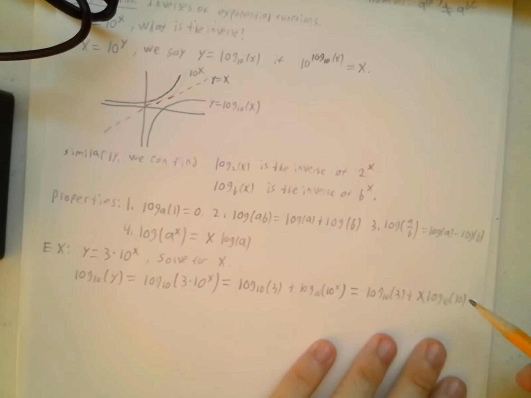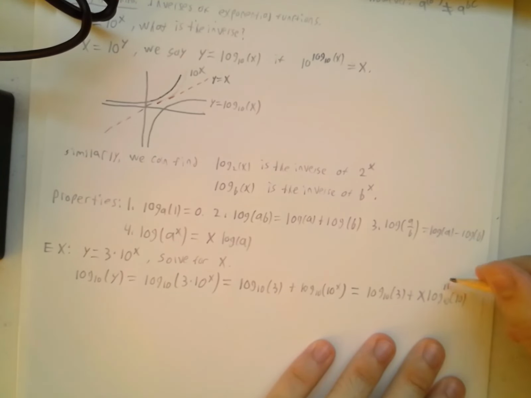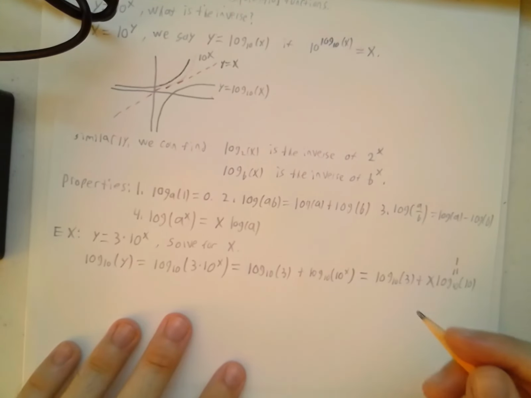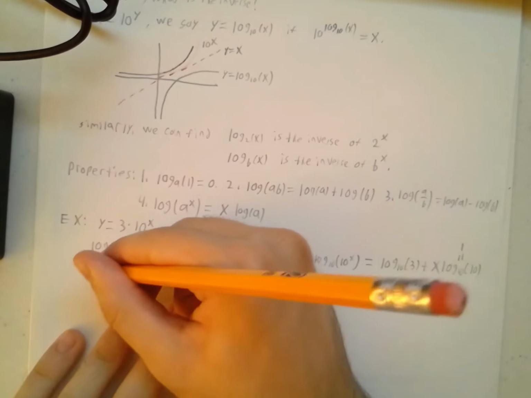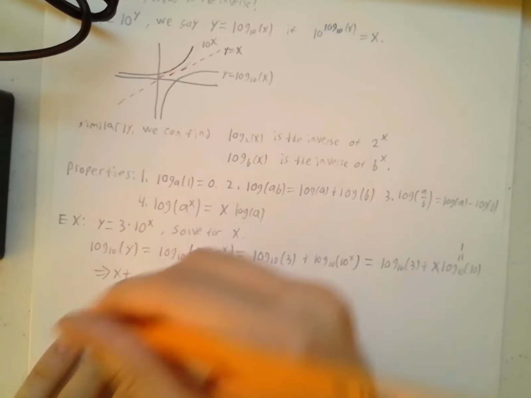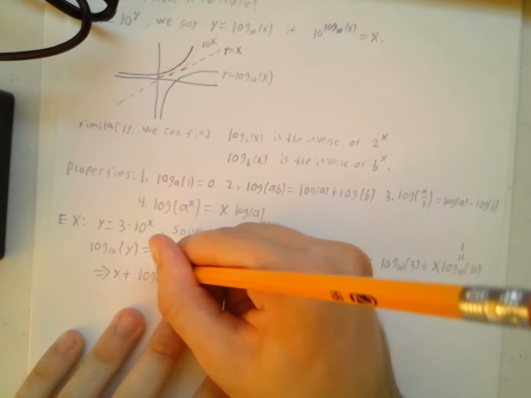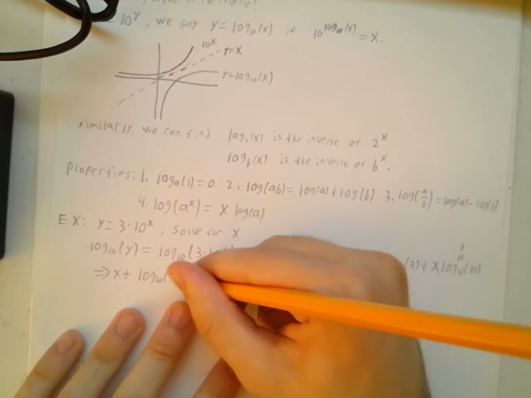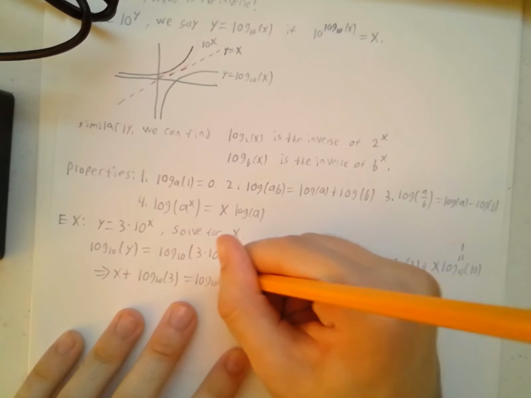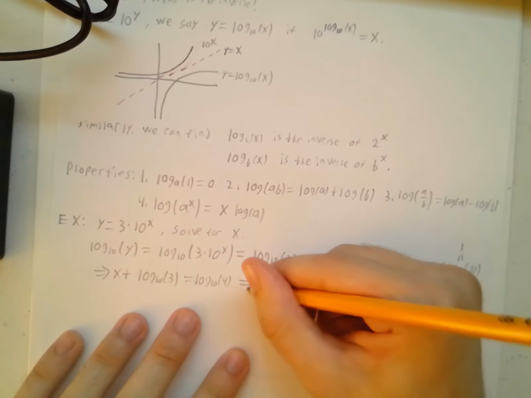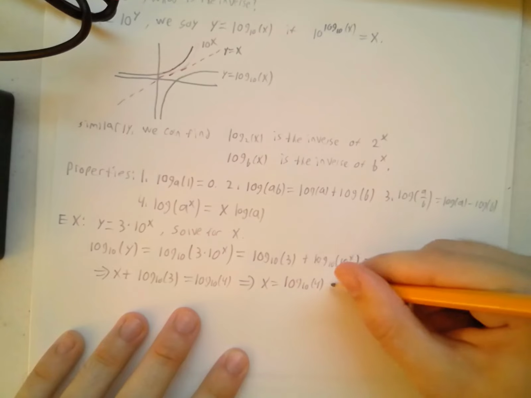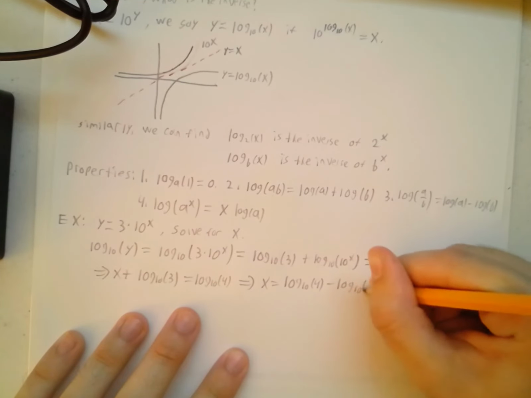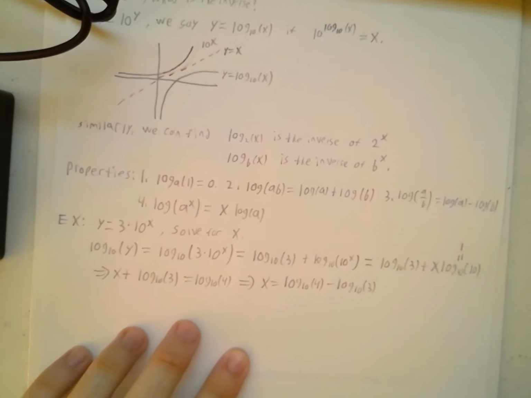So really the equation that I get is just x plus log base 10 of 3 is equal to log base 10 of 4. And if I rearrange this, I get x is log base 10 of 4 minus log base 10 of 3. So that's how you can use these properties of exponents and logarithms to rearrange things.